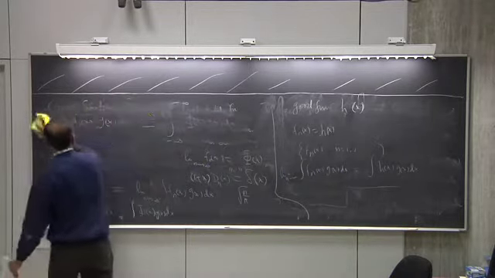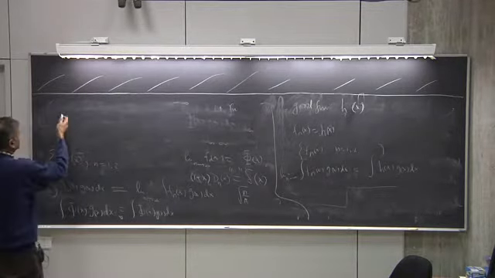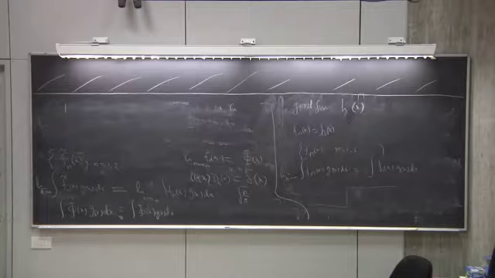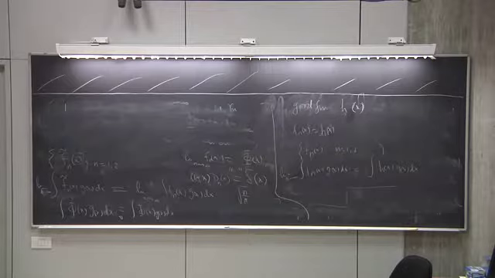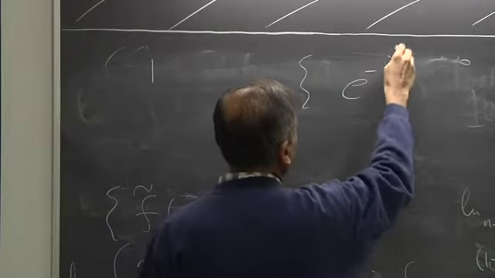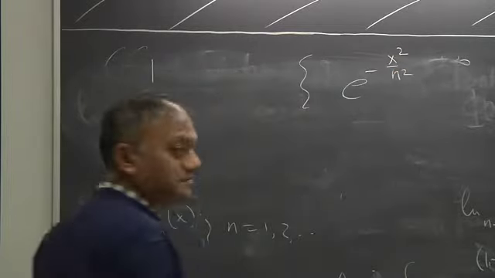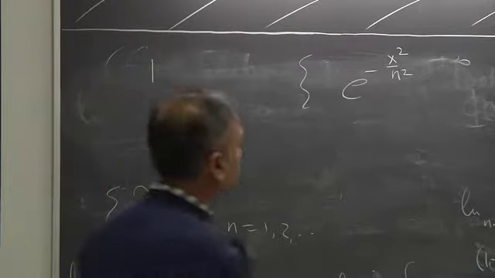Another example: 1 is a constant function. It's infinitely differentiable, but it doesn't go to 0 at infinity. But this can again be thought of as a generalized function. Take a sequence like e to the minus x squared over n squared, as n goes to infinity.